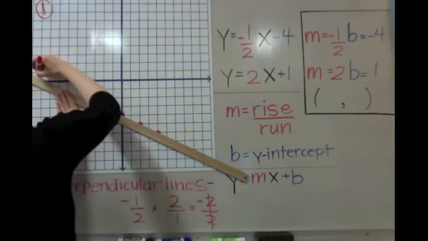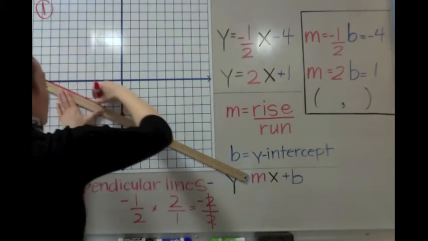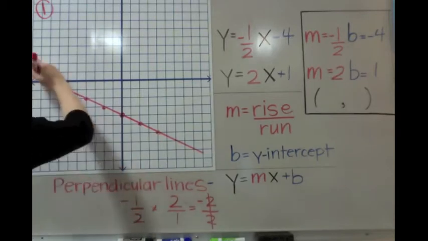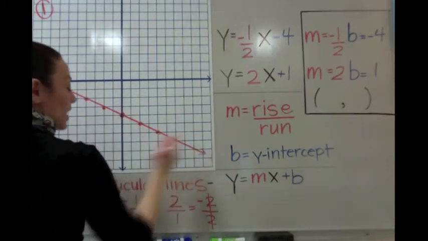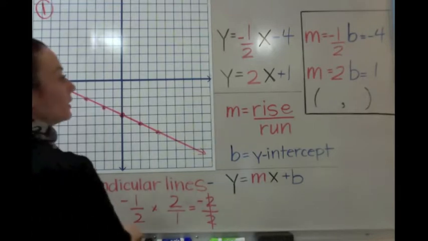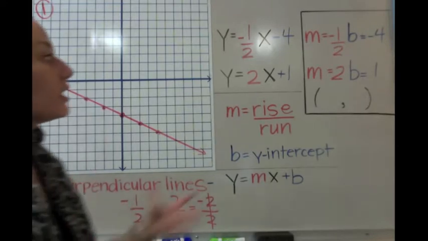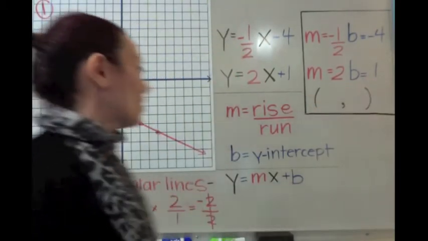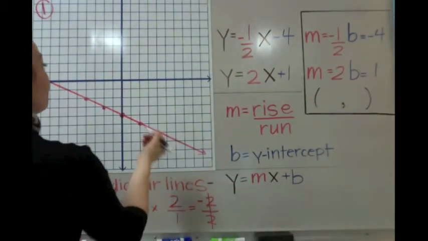I'm going to make this line red, okay? So make sure you have the first line. Let's take a look at the second line. Make the second line black. The slope is 2. The y-intercept, which we're going to start with, is 1. So let's start at 1.